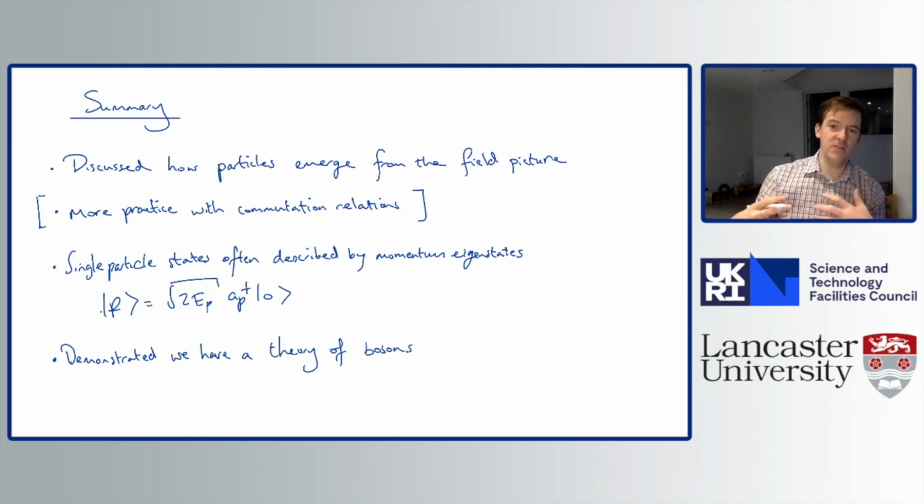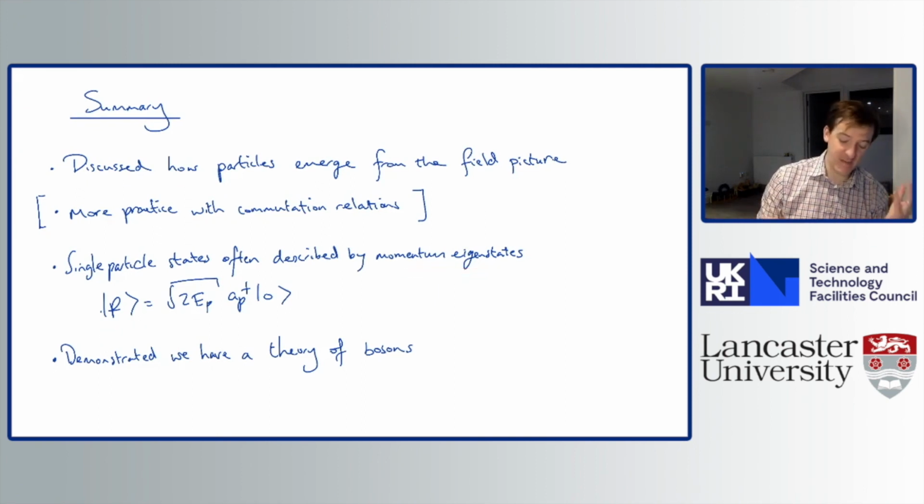Another thing we introduced is some notation that you'll see in books and that we'll use later, which is that we describe single particle states, especially in scattering problems, by momentum eigenstates. So we label it with the momentum of the particle.